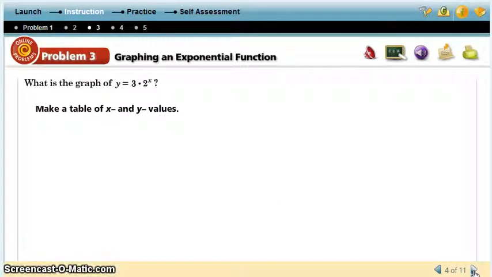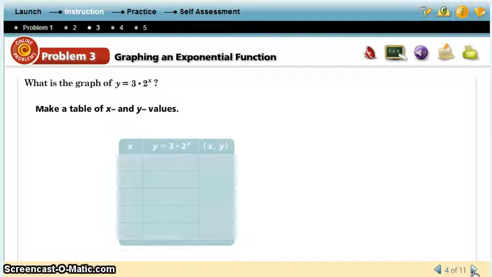Make a table of x and y values. Start with x equals negative 2. Now notice he picked negative 2 and he's just plugging it in for x and then simplifying. When x equals negative 2, y equals 3/4.